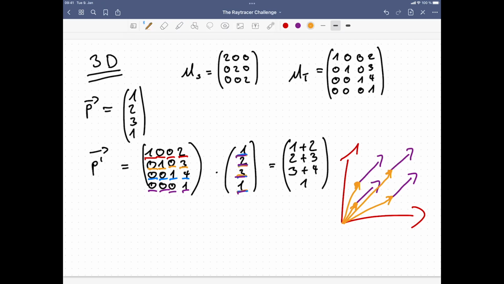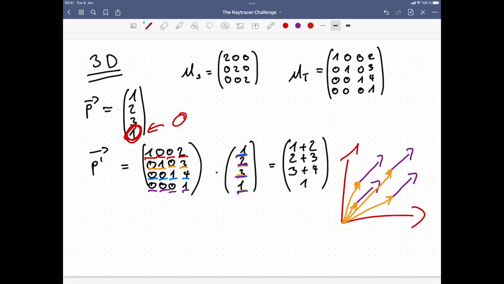But this means that if we have a translation matrix like the one shown here, which moves everything by 2, 3, and 4, if it is applied on a vector which has then a 0 here in this place, if multiplied with this matrix, would mean that the translation would not affect this vector at all.